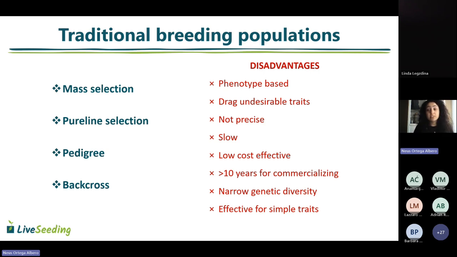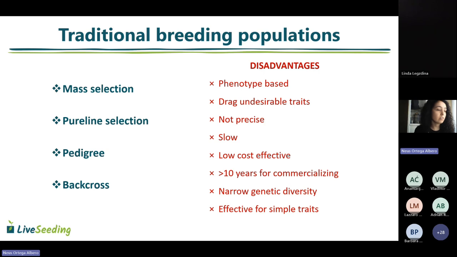They take more than 10 years for commercializing a new variety into the market, and they are effective for simple or qualitative traits, depending on just one or a few genes, but they are not that useful for quantitative or complex traits like yield. Even though a lot of commercial varieties have gone out into the market with improved yield, for example, new methods have been more efficient for these purposes.